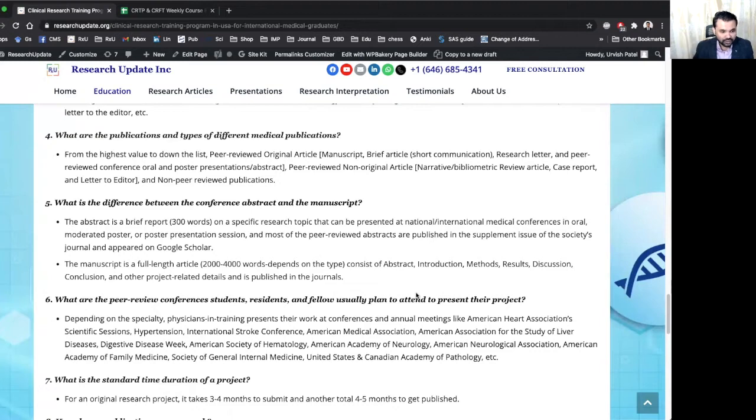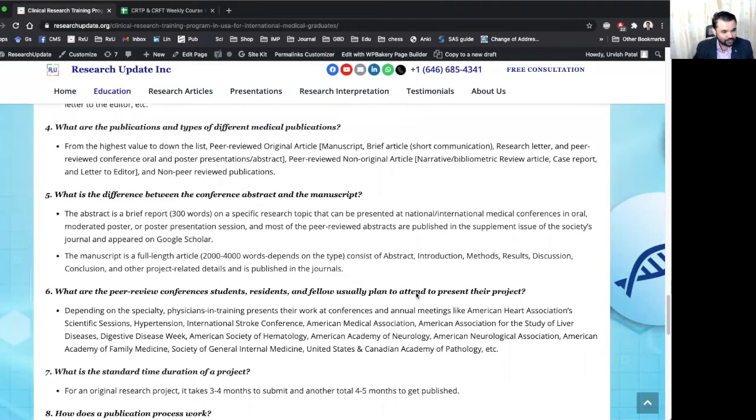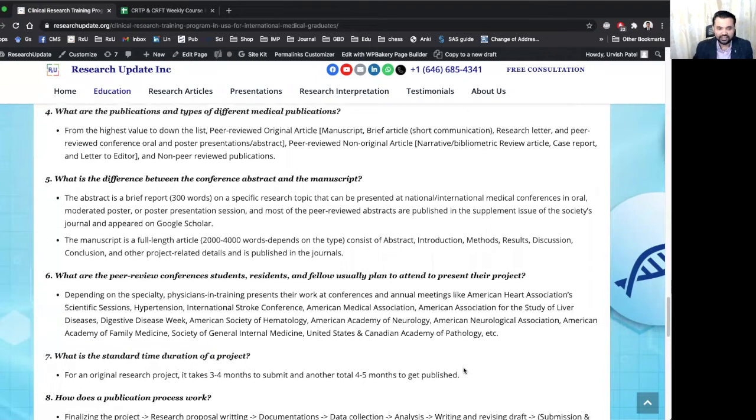Now, another important question we are having is: what type of peer-reviewed conferences do students usually attend? Usually students attend depending on their specialty, from the American Heart Association to the American Medical Association conference, and usually you can attend one to two conferences depending on your projects.